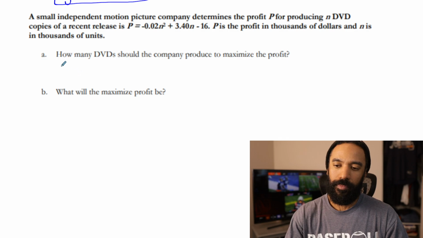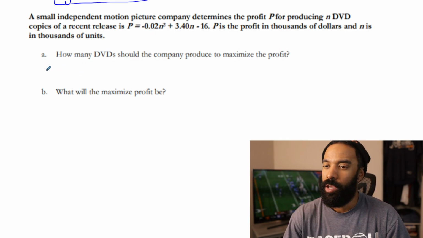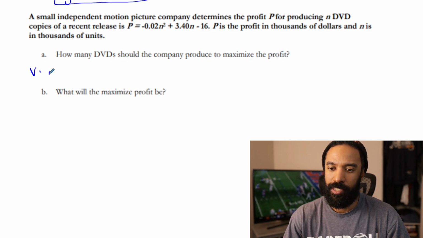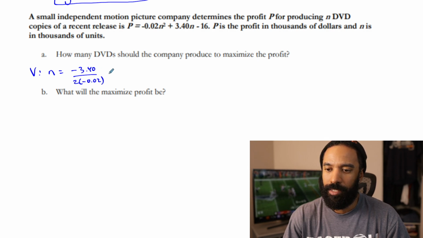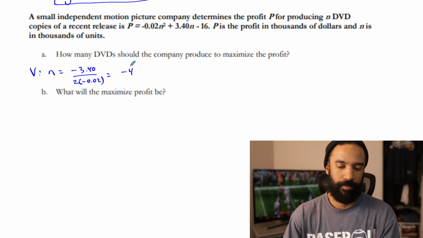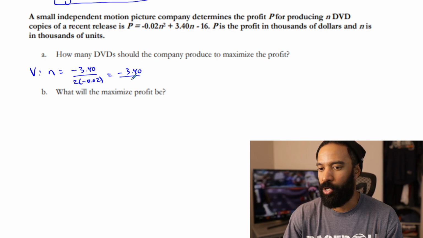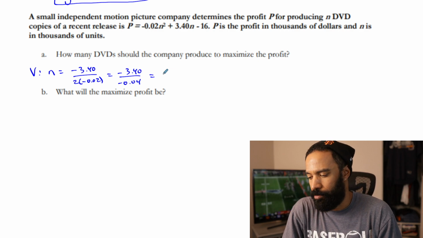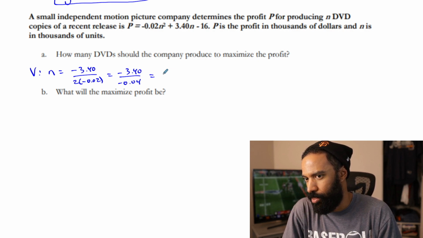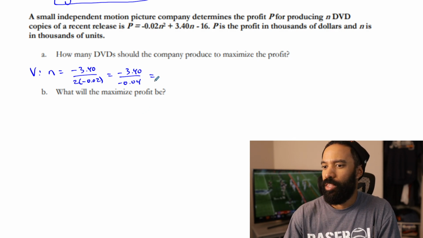So we're going to do our -b over 2a. And I might have to use a calculator. I don't really know. So N for the vertex, N is -b over 2a, which is -3.40 divided by -0.04. 25, 75, 83.